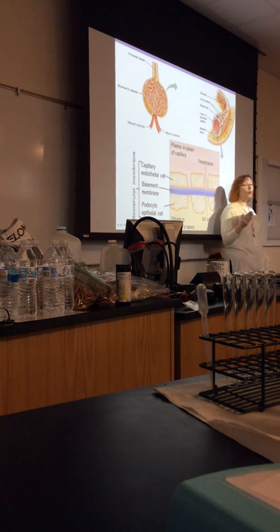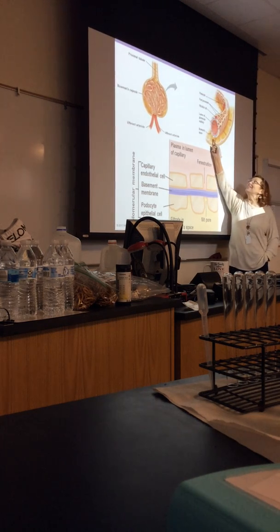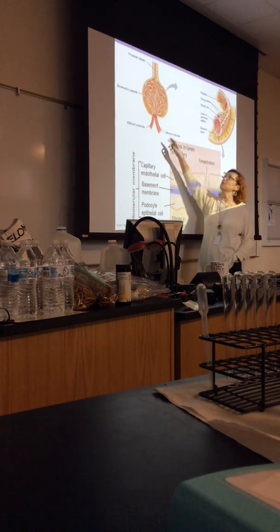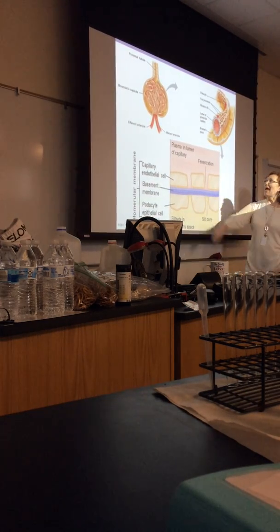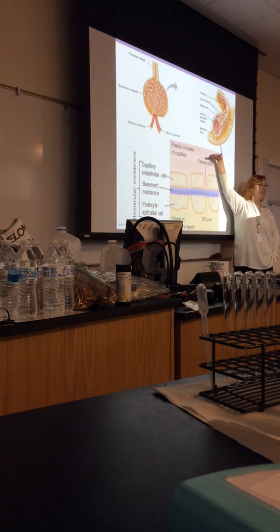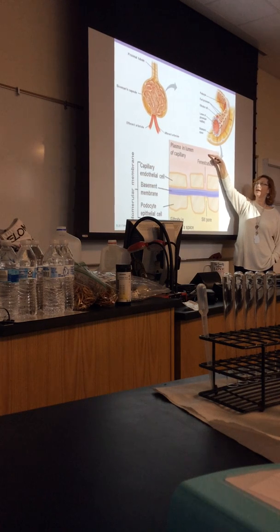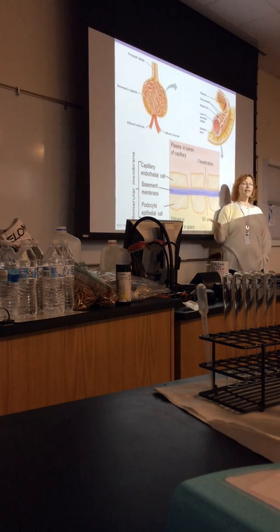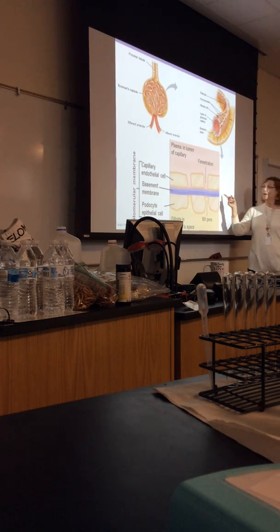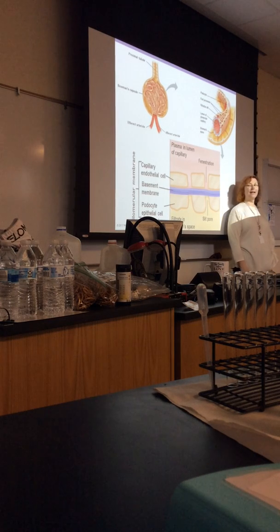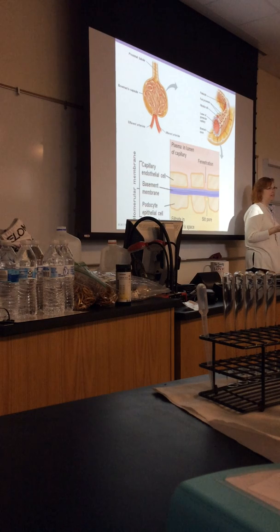So in order to get out of the capillary and into Bowman's capsule, in order to get into this space, fluid has to leave the plasma, just be in the lumen, the space inside my capillary, pass between the fenestrations of my fenestrated capillaries, pass through my plasma membrane, and pass through my filtration slits.